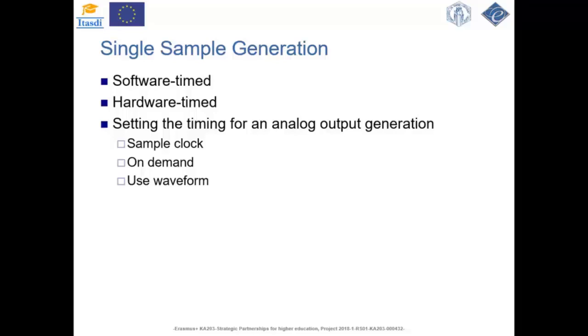For software-timed generation, the sample timing type should be set to on demand. And if we want to use waveform data for the timing of the generation, we want to use the use waveform instance. This instance uses the delta t component of the waveform input to determine the sample clock rate, where delta t is the time in seconds between each sample.